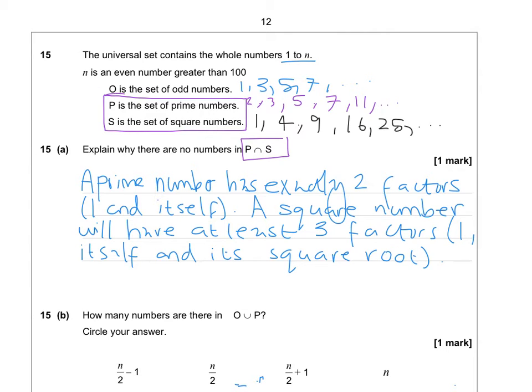The exception, of course, to this is 1, which is a square number and only has exactly one factor, but by definition 1 is not a prime number.